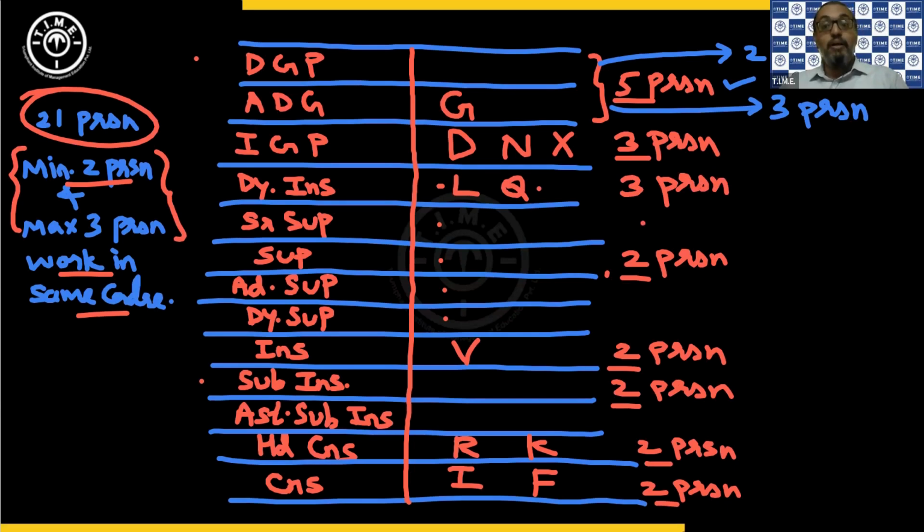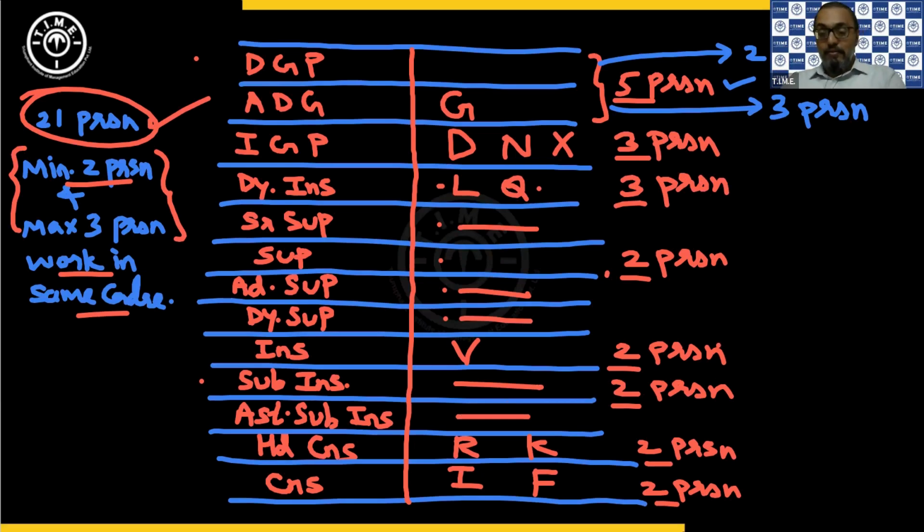Now check the total number. You are going to get 21 persons. I hope I'm making sense to everybody. So you need to keep a list of what and how many persons. It is very clear that some designations do not have any persons, because the number of people are already fixed now.